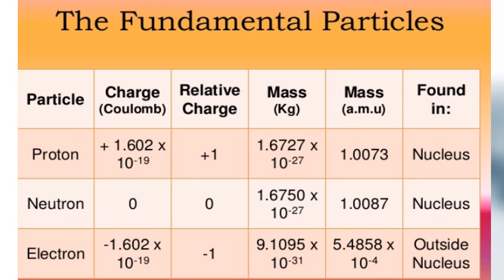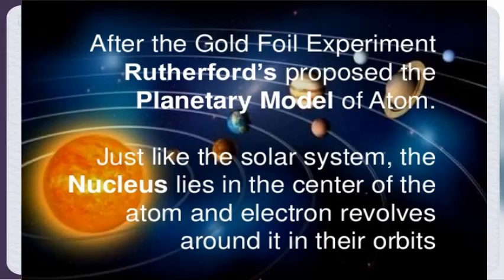At the end the location is given: protons and neutrons are present in the nucleus, as they collectively produce the mass of the atom, and outside the nucleus there are orbitals where the electrons reside. Students, in the previous lecture we discussed the famous experiment done by Rutherford.